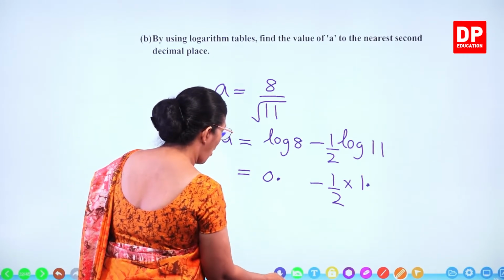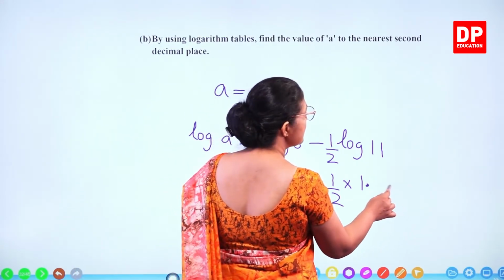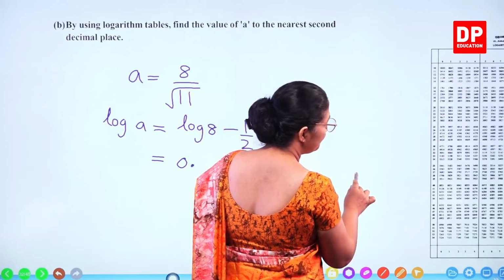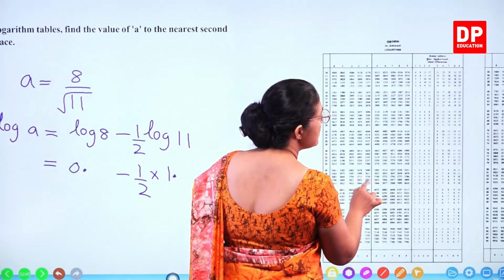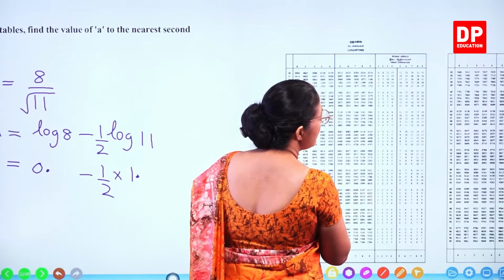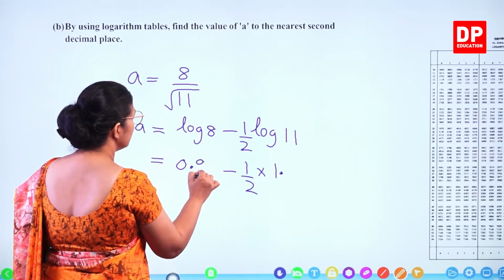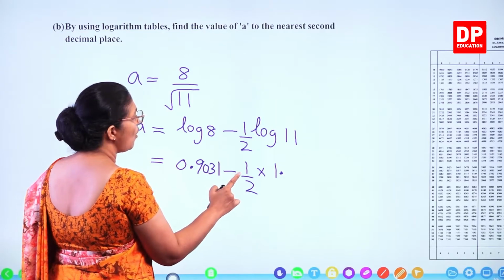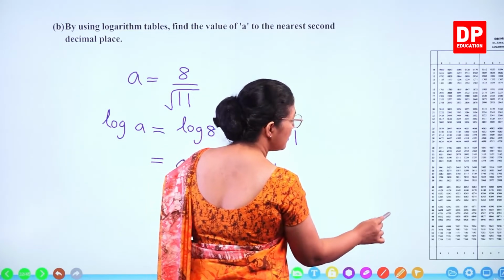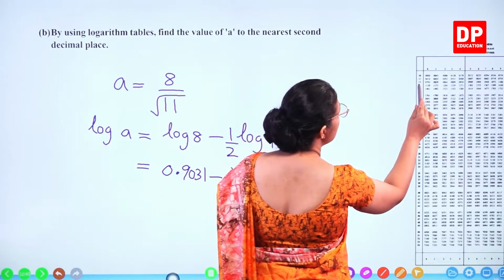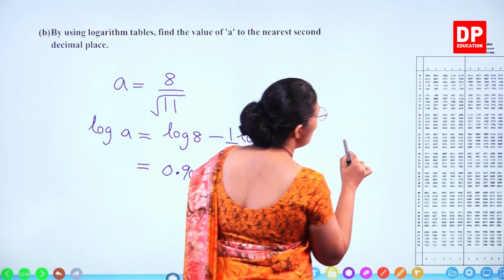Now refer the log tables and find out what is log 80. Log 80 is 0.9031. Then log 11. Log 11 is 0.414.